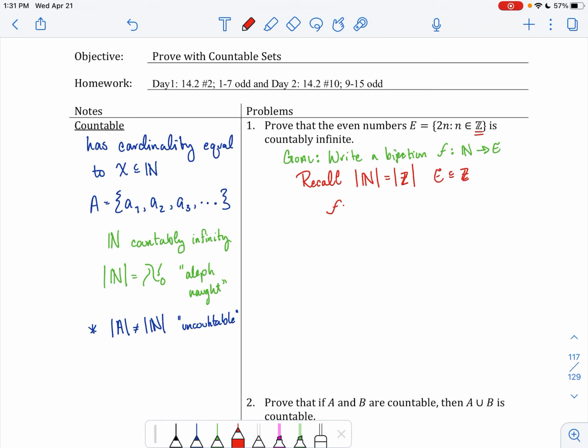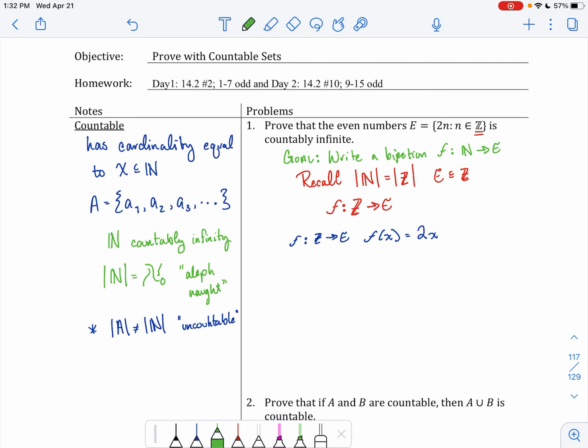So I can, using the transitive property, write a bijection from the integers to the even numbers, and that will prove it just as well. And this is a lot easier in this case because I can say that f from the integers to the evens is just defined as f of x is equal to 2x.